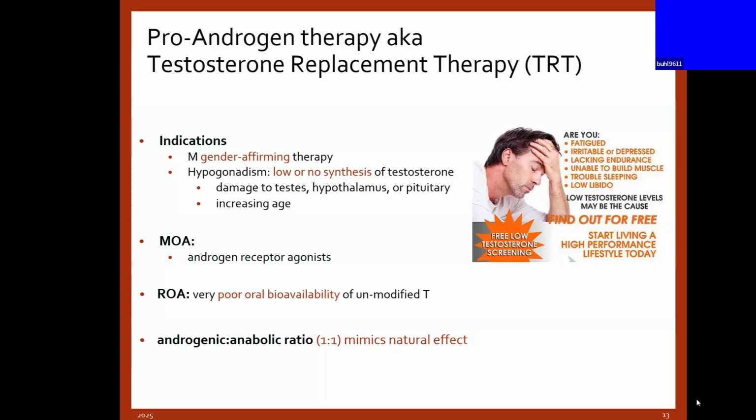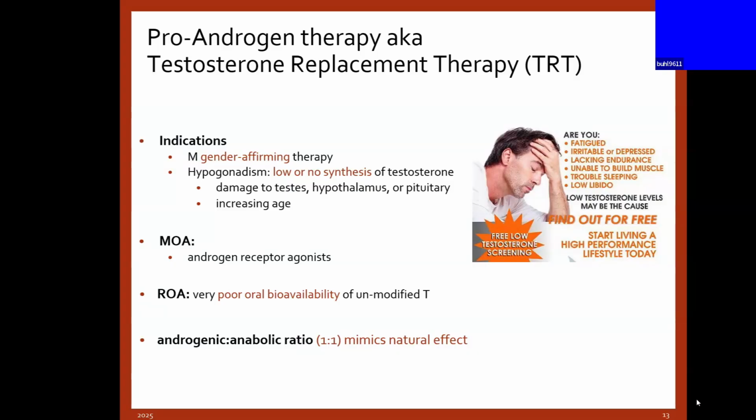It can be because someone has damage to their hypothalamus or pituitary. If it's not releasing GnRH or LH and FSH, you're not going to make testosterone. Some brain injuries can actually affect your sex hormone production. So some damage can reduce the testosterone levels, and testosterone levels just decrease with age.